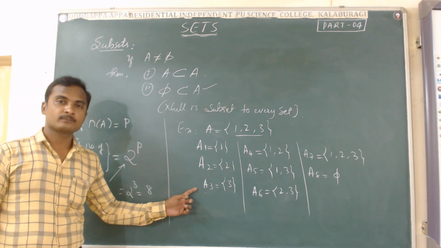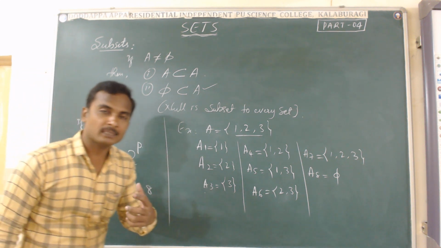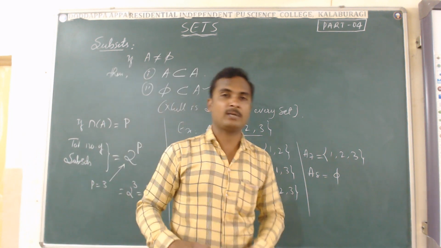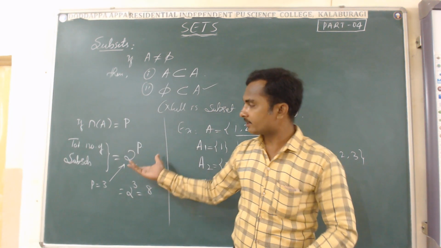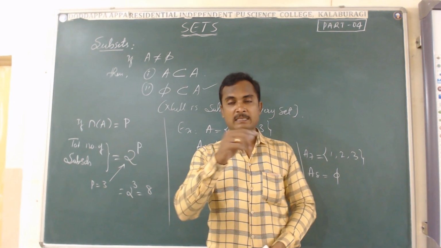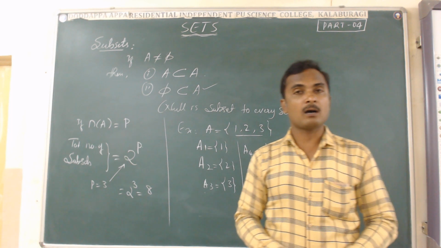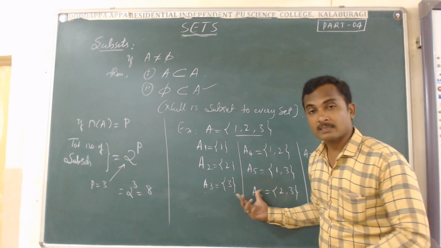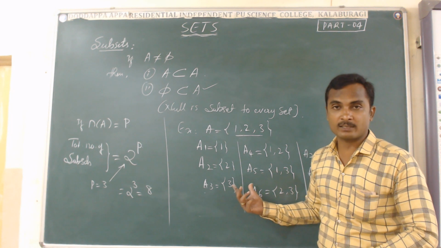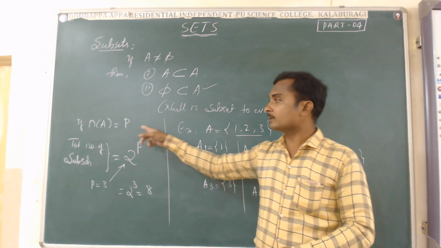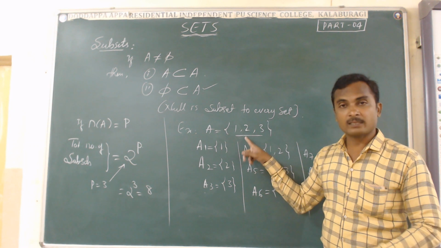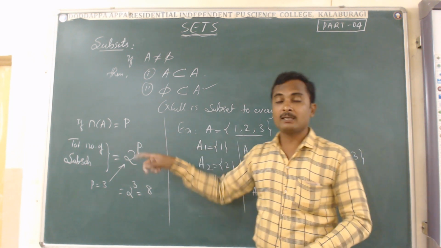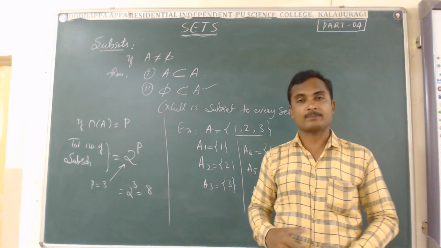It means that without writing the subsets of the given set, using this formula, one must be able to find the total number of subsets. If P is the total number of elements of the given set, then 2 to the power P is the total number of subsets.